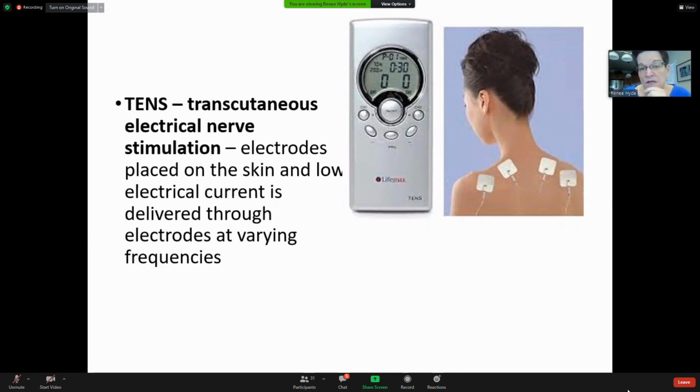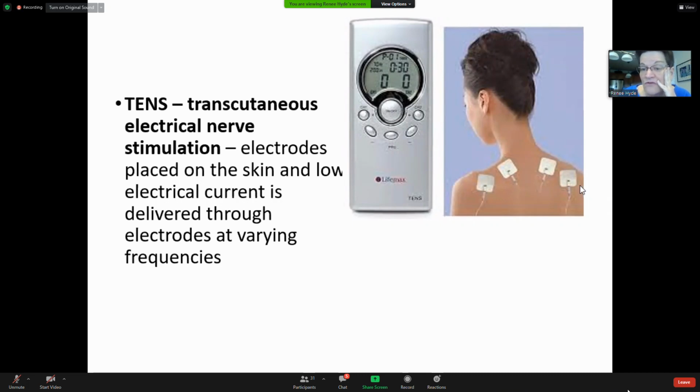But TENS units, like this particular type, you can buy at CVS, and it works extremely well because what it does is it sort of blocks the signal for pain from that nerve by stimulating the skin.